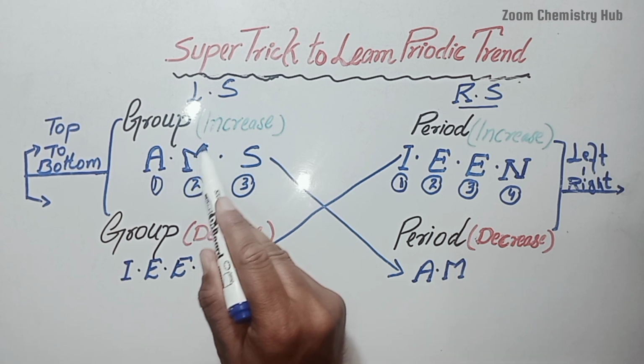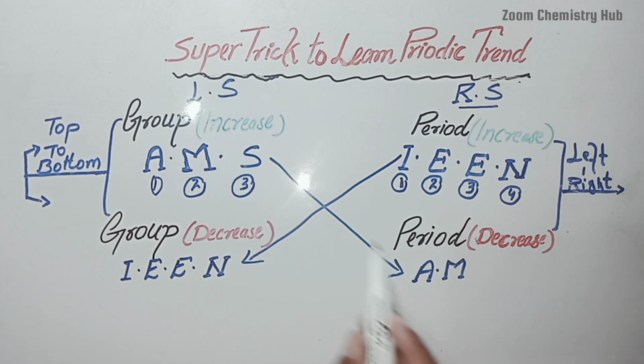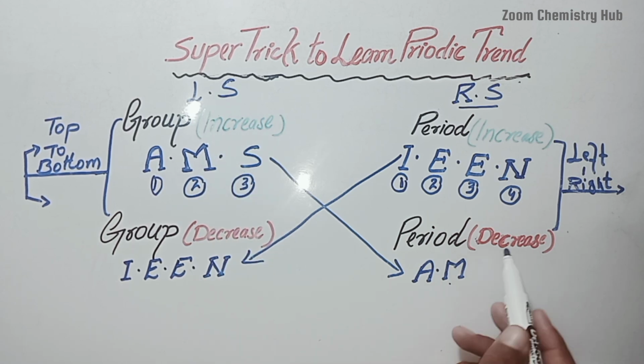Similarly, metallic character increases in the group and it will decrease in the period.